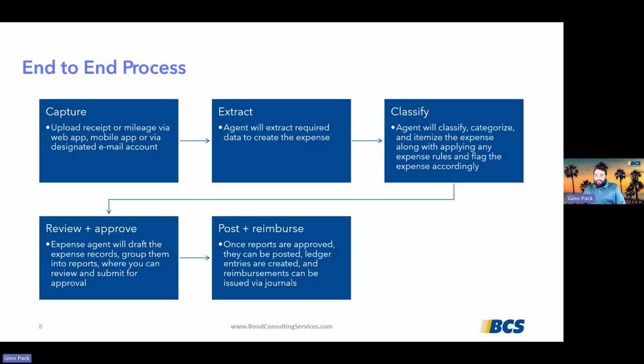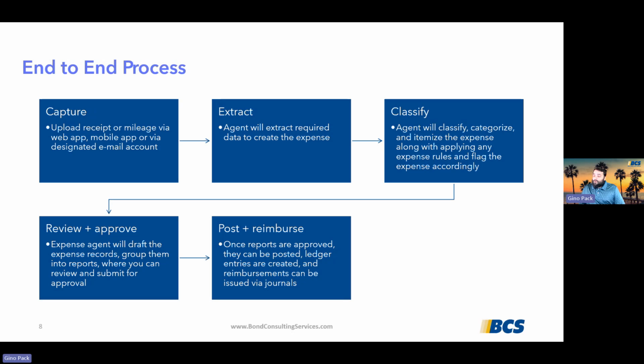The agent will then extract the data. In order to create the expense, it will attempt to classify, categorize, and itemize the expense, and apply any rules that flag the expense, so you can handle those exceptions before submitting. You, as a human, will then review the drafted expense records, group them into different reports, and send them off to approval.